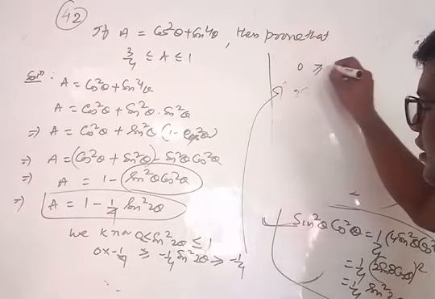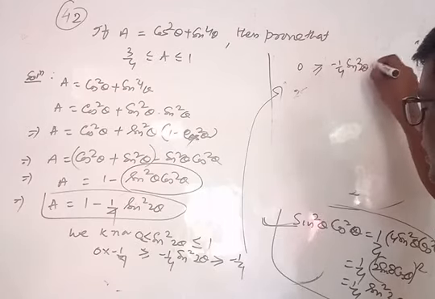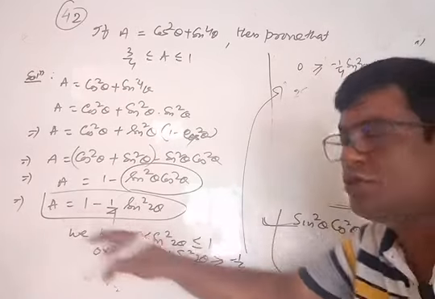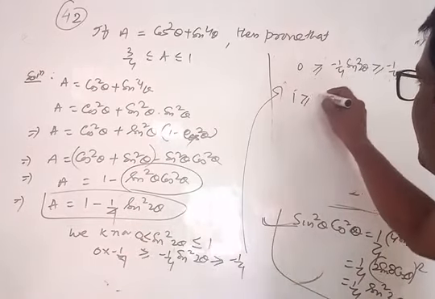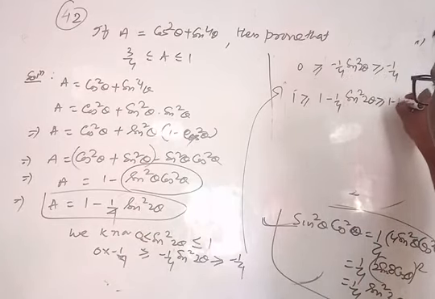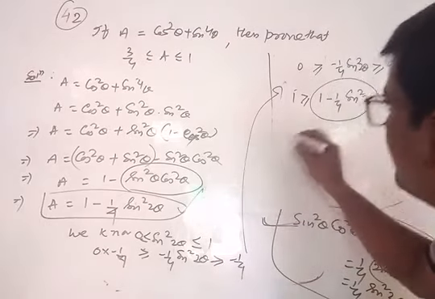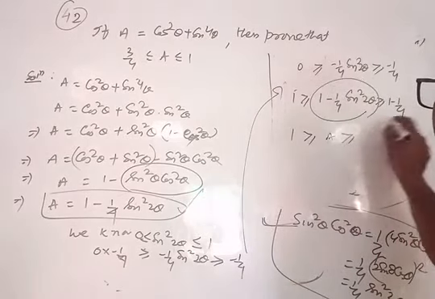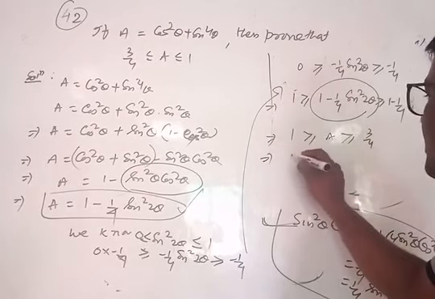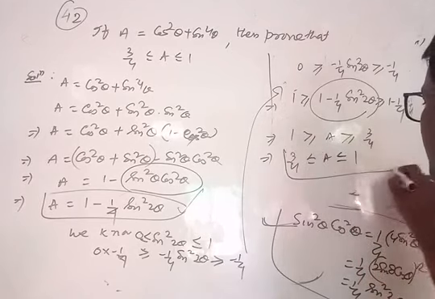But here 1 is required. So add 1: 1 greater than or equal to 1 minus 1/4 sin square 2 theta greater than or equal to 1 minus 1/4. This is A. So 1 greater than or equal to A greater than or equal to what? 3/4. Right? So reverse sides, 3/4 less than or equal to A less than or equal to 1. Proved.